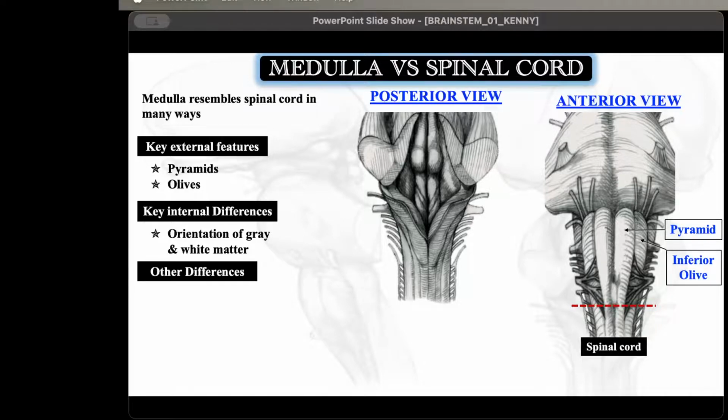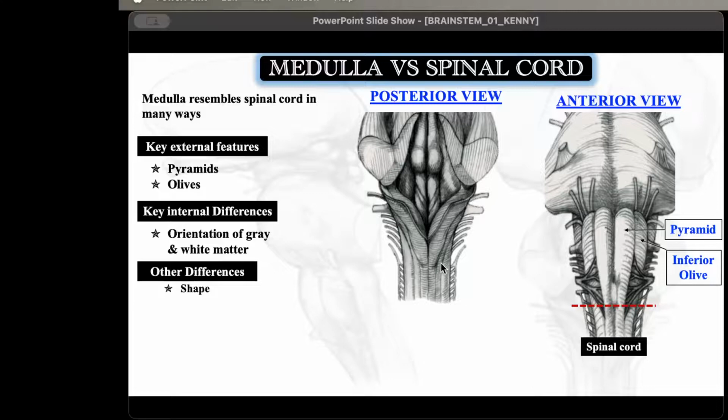Other differences that can be used include the shape of the two. The spinal cord is almost cylindrical, it's just a cylinder in shape, as you can see. But the medulla is conical in shape.